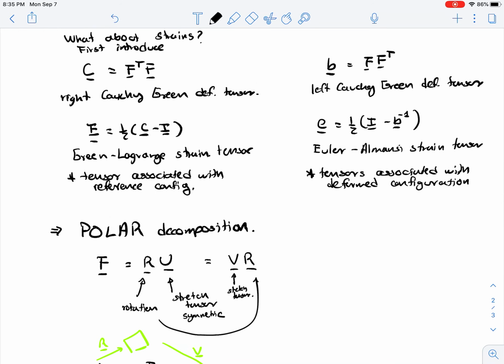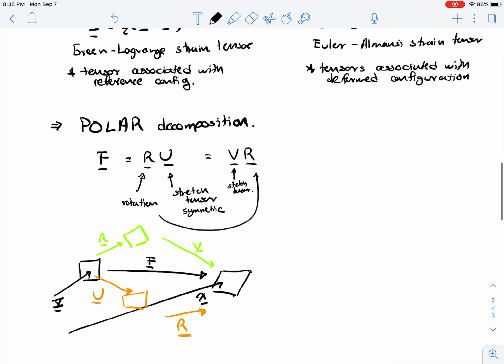Now, how do you actually compute the polar decomposition? Well, you actually do it with C or B. Why? Because this rotation is an orthogonal tensor, so that means that its transpose is its inverse. But how do you compute it?